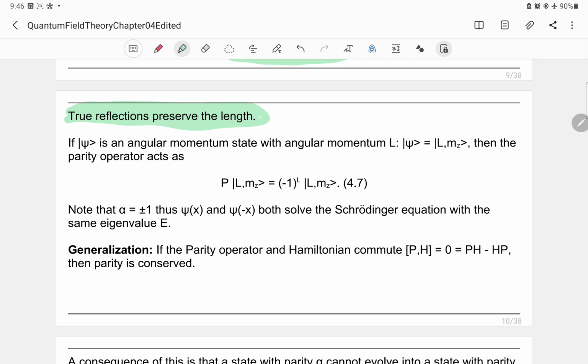Now if your wave function psi is an angular momentum state with angular momentum L, here your state is written this way. If you review your quantum mechanics, then the parity operator acts on that as this.